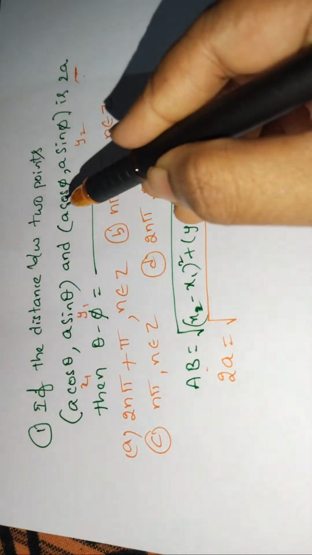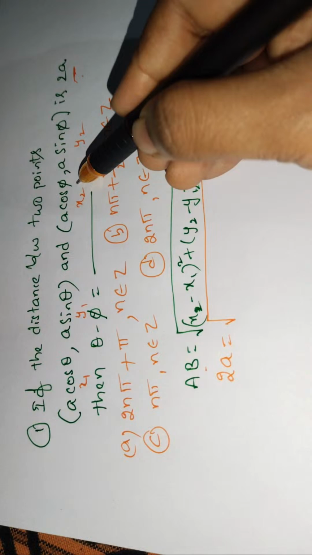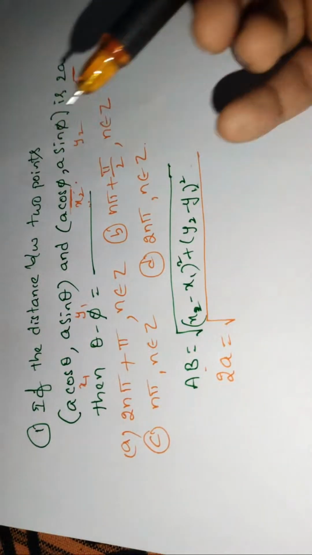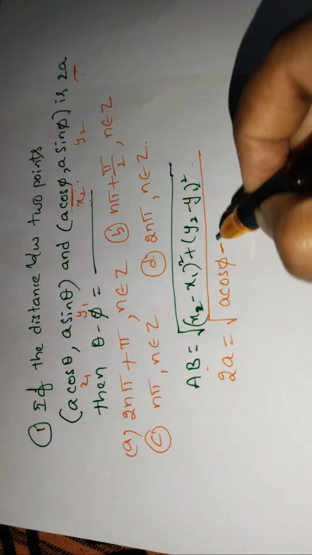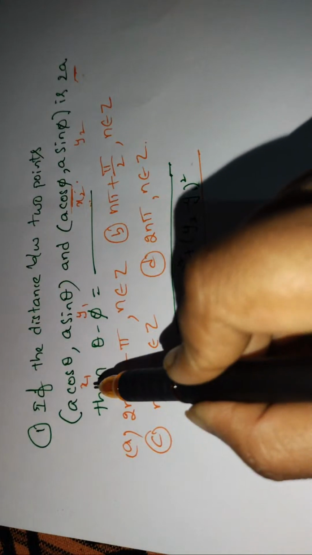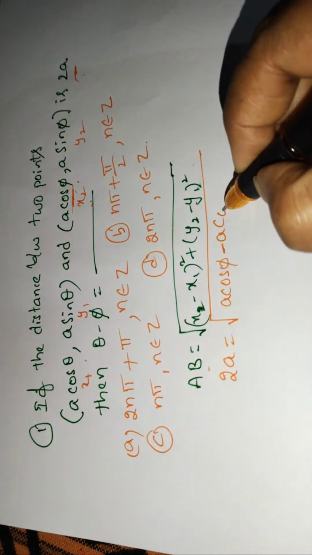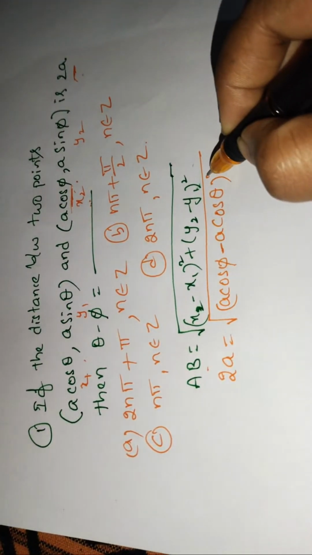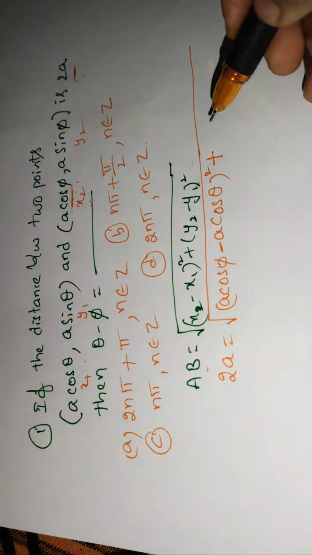What is the x2 here? A cos phi is the x2. So write A cos phi minus x1. What is the x1 here? A cos theta, whole square. x2 minus x1 whole square plus y2 minus y1.